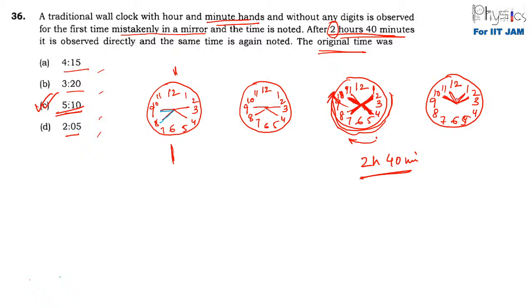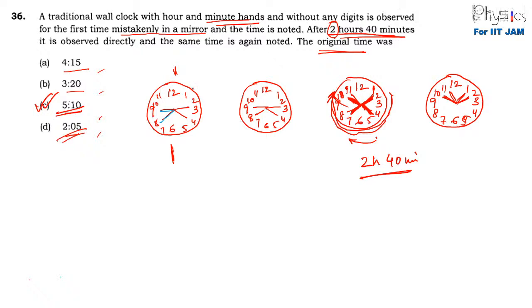The difference between the time, that is 2:05, and the original time, the mirror image of it, is not 2 hour 40 minutes, right? So it is not option D.